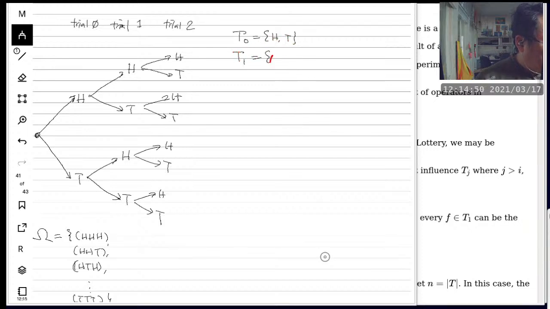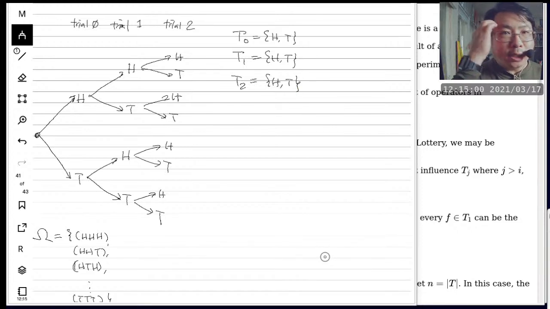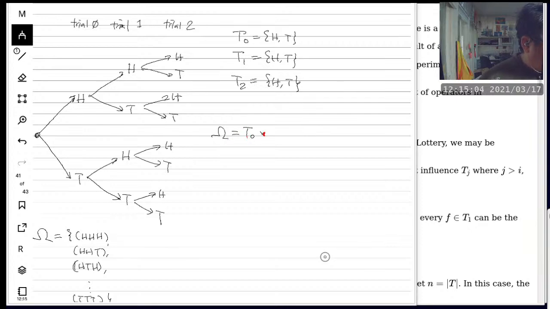T1 is also just head or tail. T2 is also just head or tail, right? So if we want to look at omega, omega is basically T0 Cartesian product with T1, Cartesian product with T2. And a lot of times we don't really want to know omega. We just want to know the cardinality of omega.